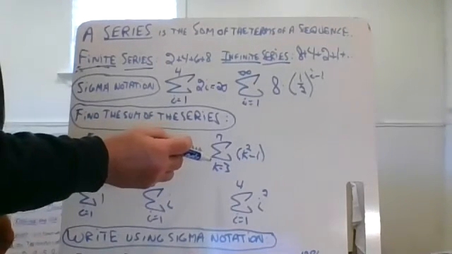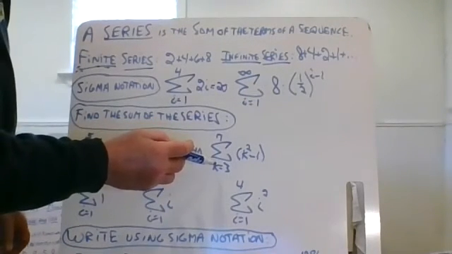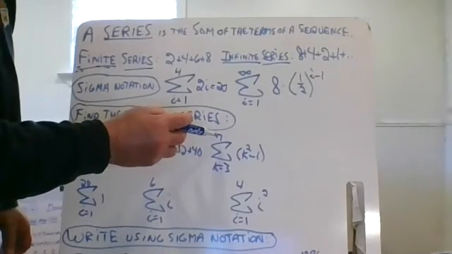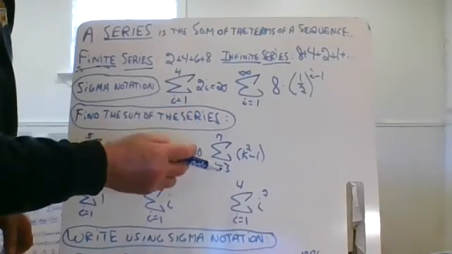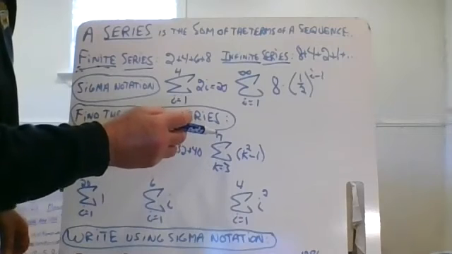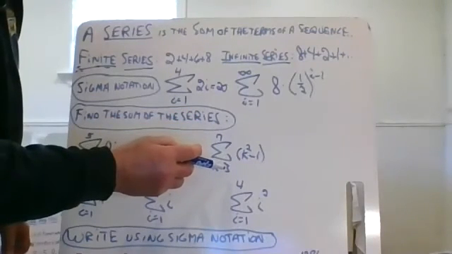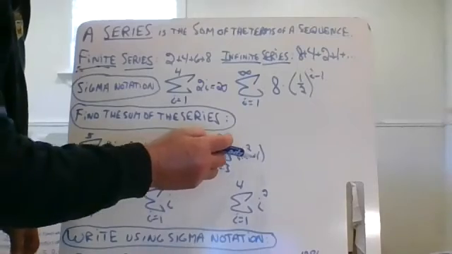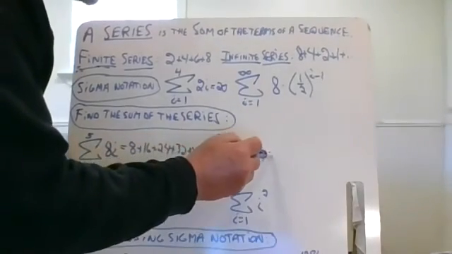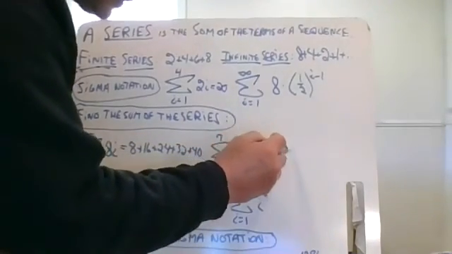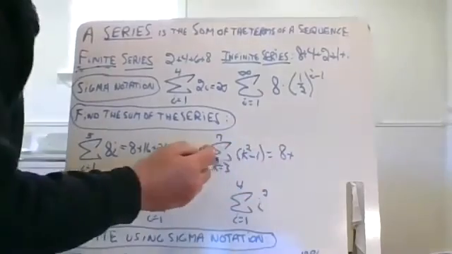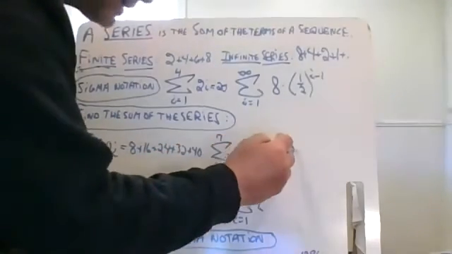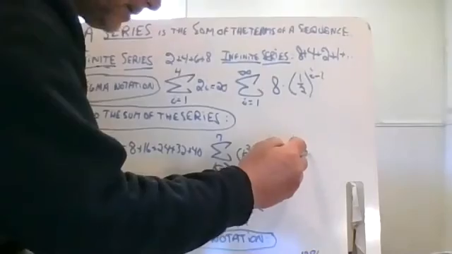Now look at this one. This time we're starting at 3 and going to 7. Again, you go up by 1. But your first term is going to be when k is 3. 3 squared is 9 minus 1 is 8. So you're starting with an 8. Plus, let k equal 4. 16 minus 1 is 15.